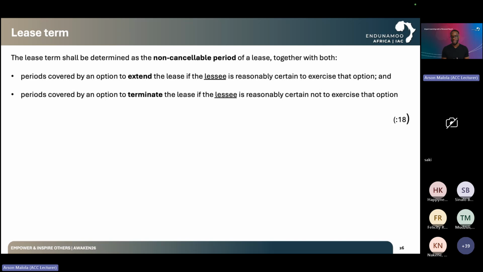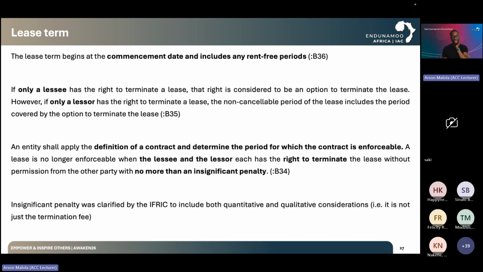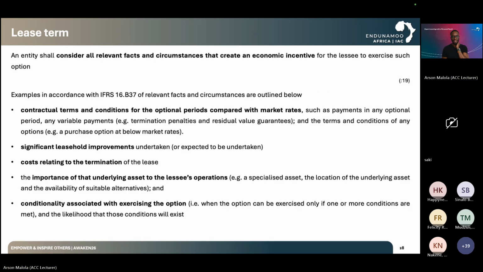Now, what is important here, without going into the details, is that your business acumen becomes quite important, because you'll see that IFRS 16 gives you a bunch of indicators that help you to assess whether or not a lessee is reasonably certain to exercise these options.